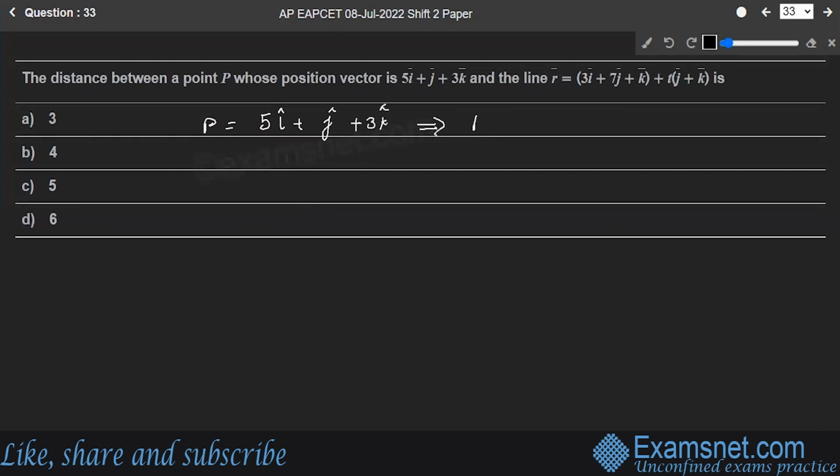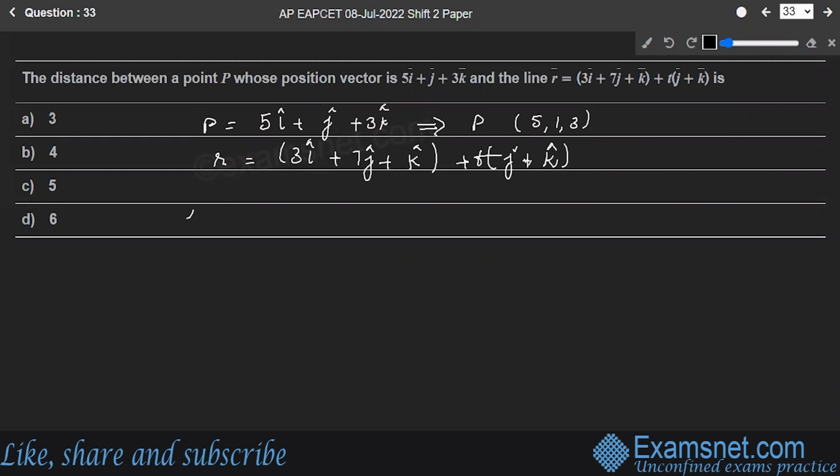Okay, that means the P point is given by 5, 1, 3. Now you are given R as 3i cap plus 7j plus k plus T times j plus k.